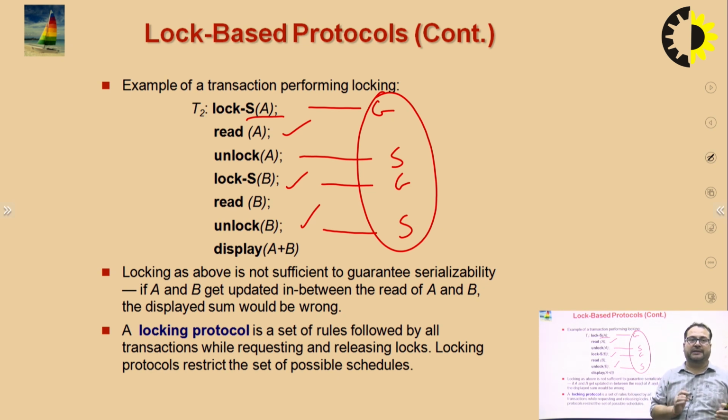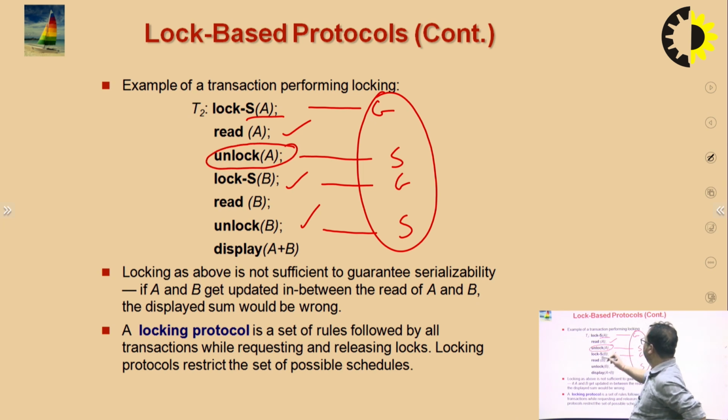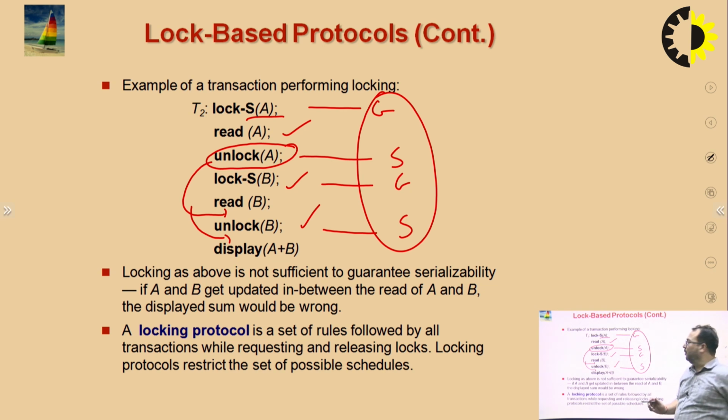If our transactions follow the two-phase locking protocol, there are just two phases: growing, where the transaction takes all locks, and shrinking, where the transaction releases all locks. To make it follow the protocol, we simply shift or change the order of the unlocks. If we shift the unlock here, it will follow two-phase locking. Why?